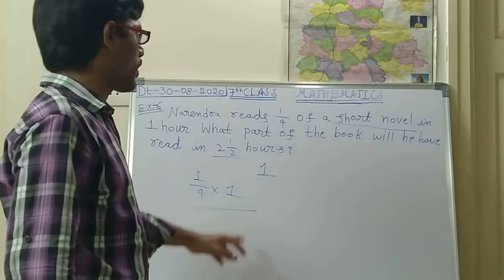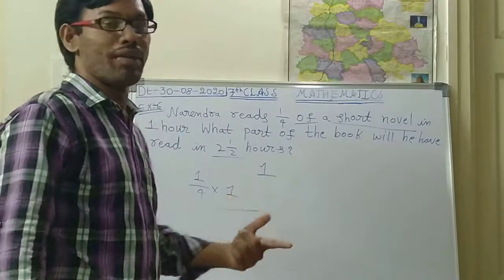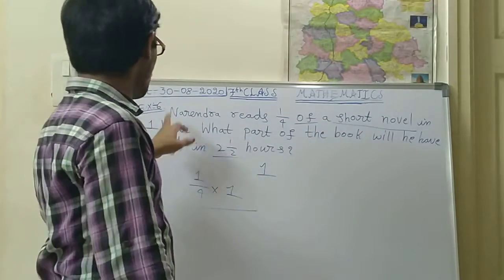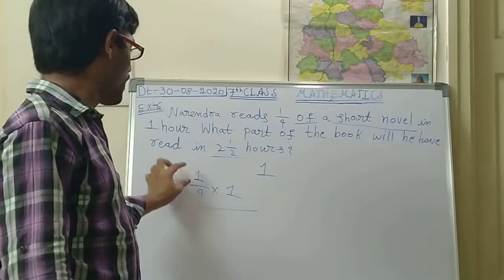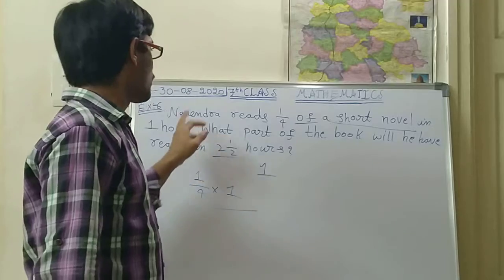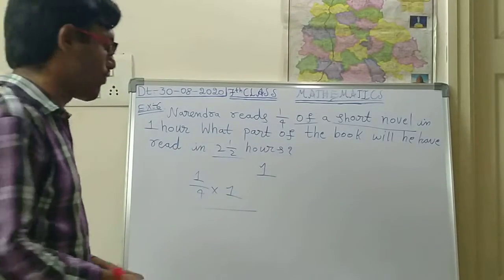Already I said "of" means multiplication. So if in 1 hour he read 1/4 part, then in 2.5 hours how much part of the book did he read? That we have to find out.